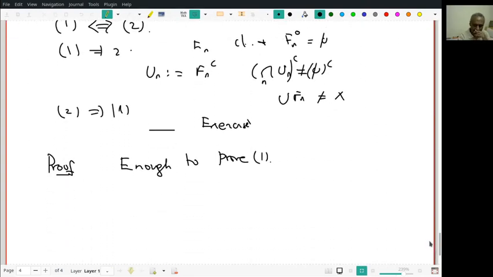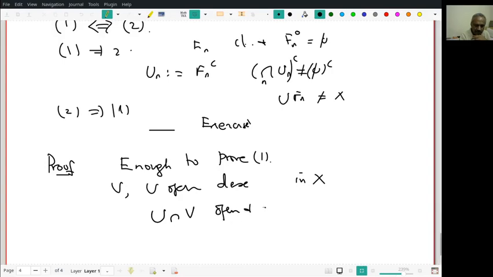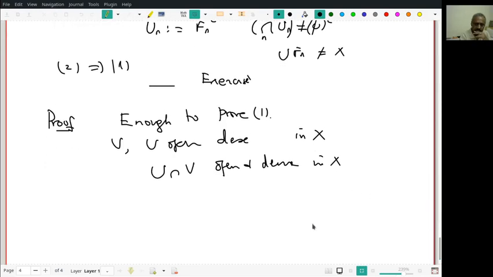Let's do that. Suppose U is open dense and V is also open dense subsets of X. Then I claim U intersection V is open and dense in X. You understand why? First, it's open, that's very clear. And can it be empty? It cannot be empty because U is open dense and V is open dense, which means none of them is empty.